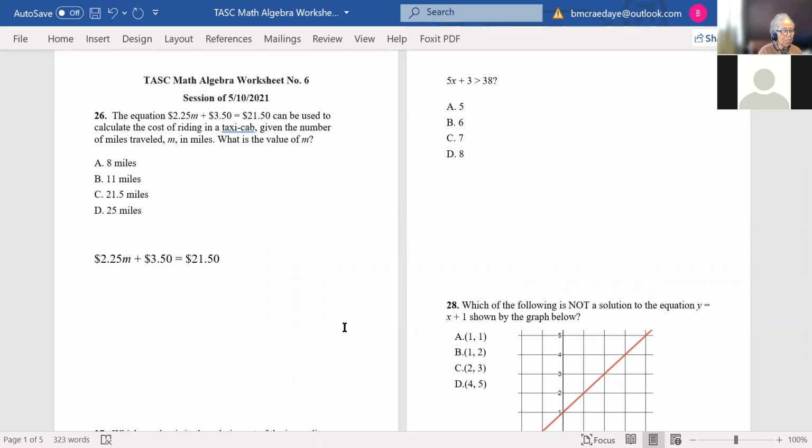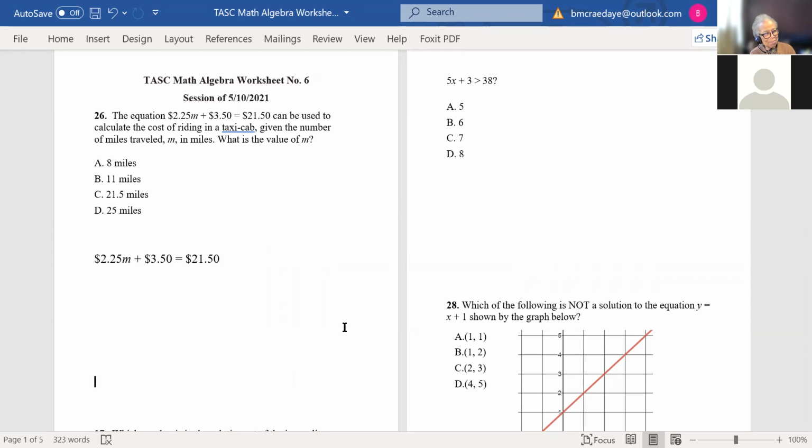And you are solving for m. The equation is 2.25m plus 3.50 is equal to that.